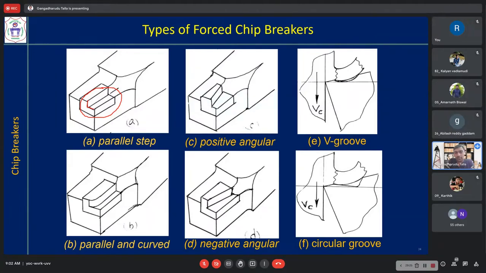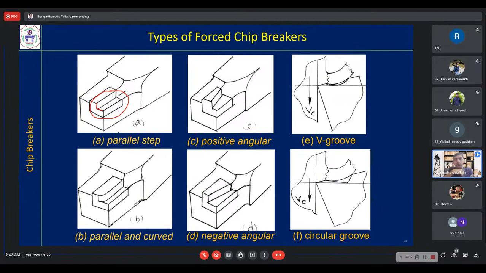The effective rake angle of the cutting tool will change due to the step type chip breaker. But we know how much the angle is changing, because we know the dimensions of the chip breaker. Understand? Okay, sir.